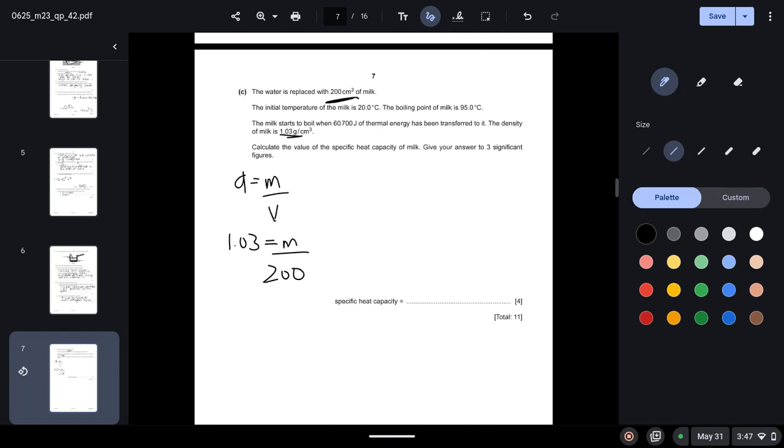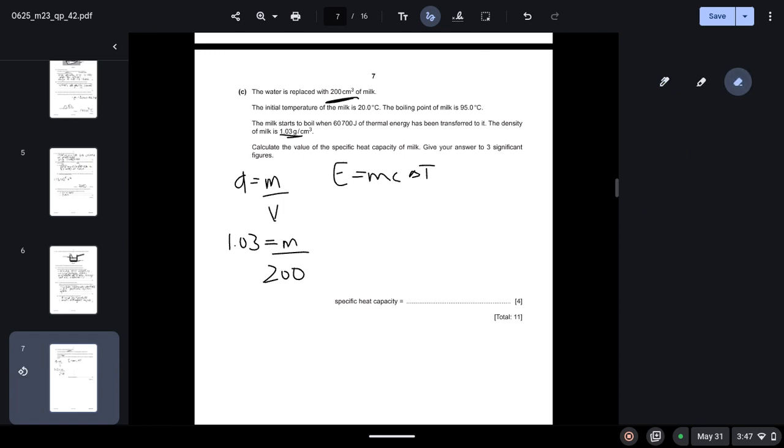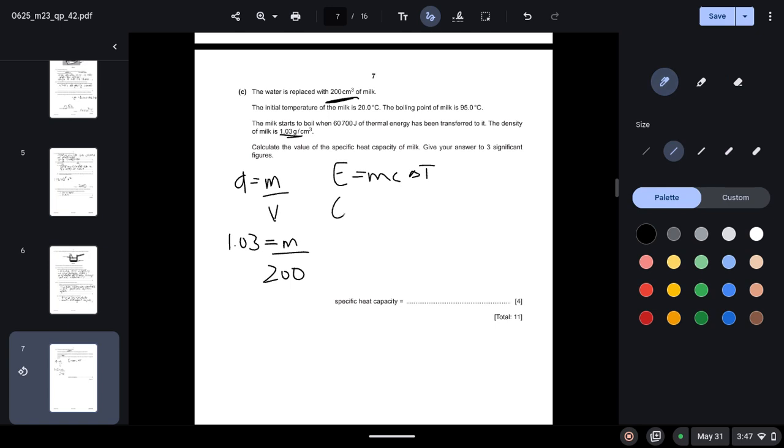Now we can use the formula energy is equal to mc delta T, where E is the energy provided, m is the mass, c is the specific heat capacity which we have to calculate, and delta T is the change in temperature. So we are given 60,700 energy, mass which is calculated as 206 grams, and change in temperature is 95 minus 20, so 75.